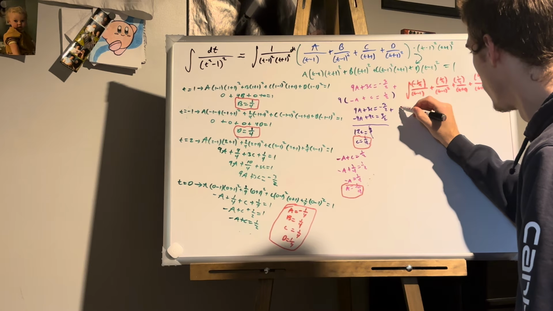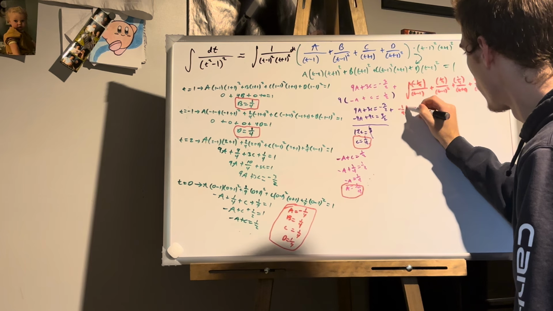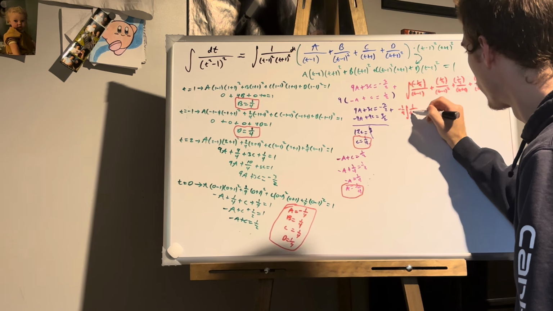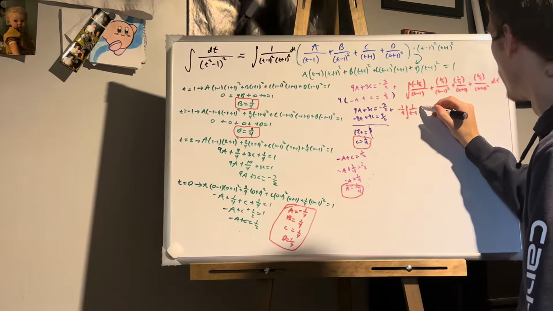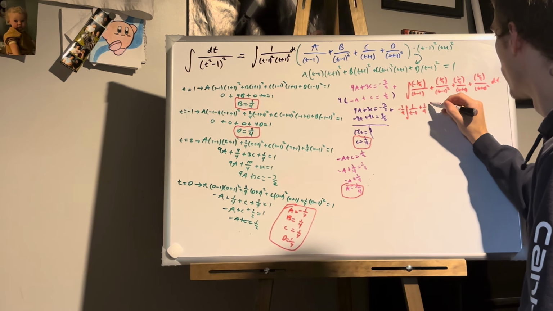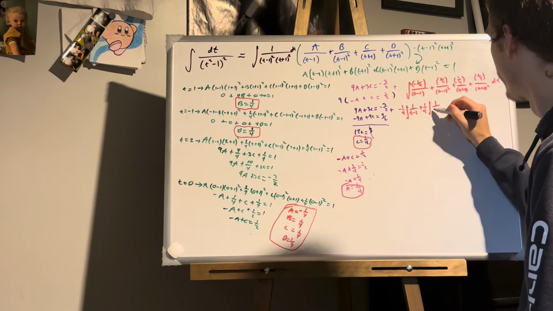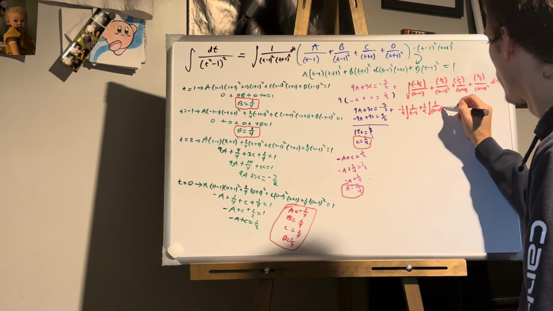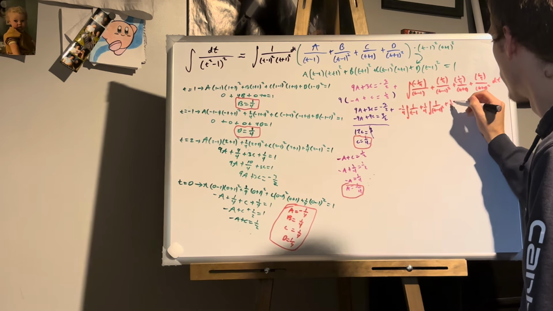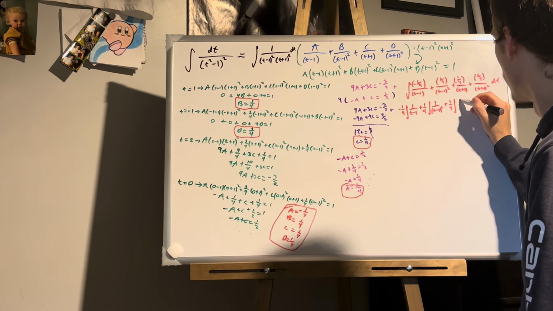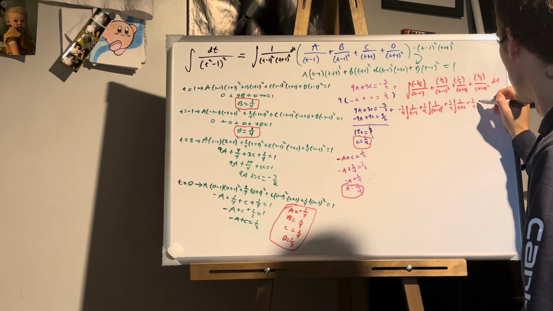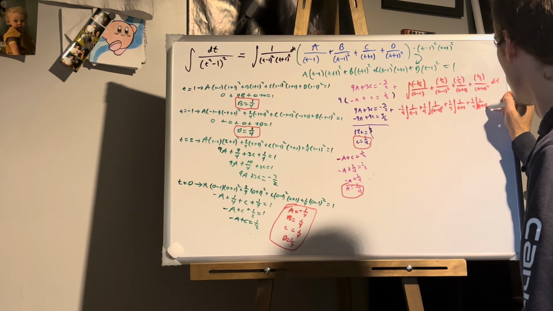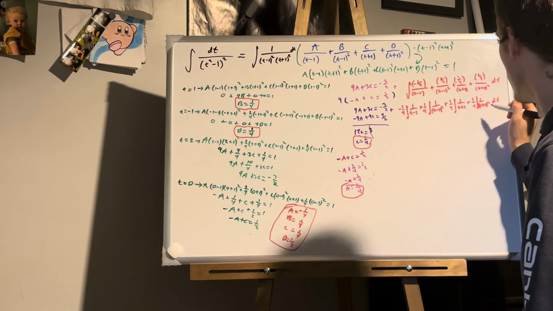Split it up. Take the negative 1/4 out. Negative 1/4 integral of 1 over t minus 1. Plus 1/4 integral of t minus 1 squared, plus 1/4 integral of 1 over t plus 1, plus 1/4 integral of 1 over t plus 1 squared dt.